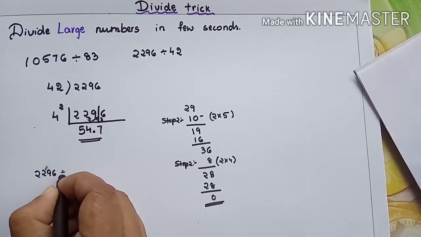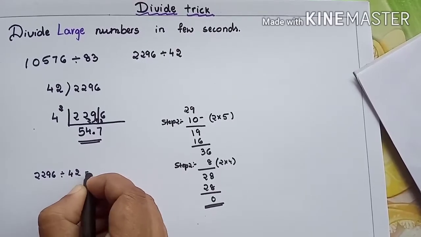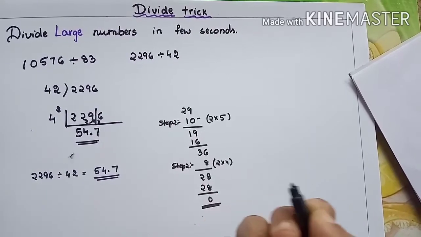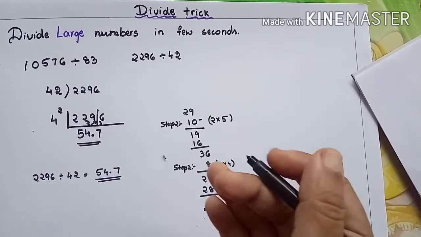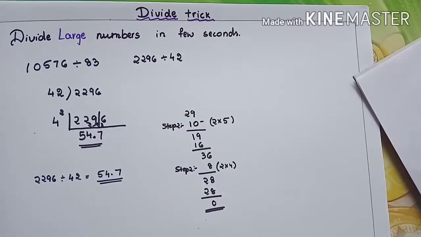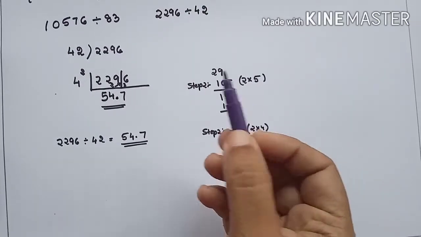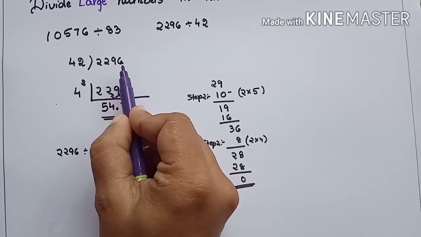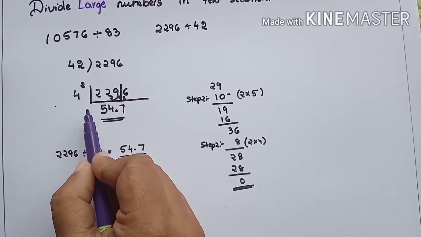2296 divided by 42, the answer is 54.7. Okay, let me repeat these steps again so that you understand the concept well. What did I do? 2296 divided by 42. I wrote 2 above 4 here.